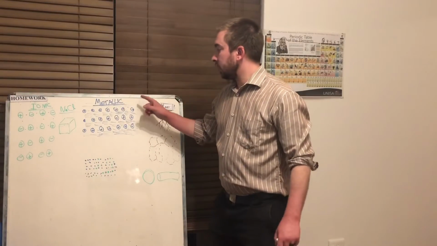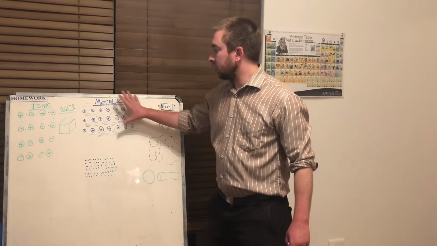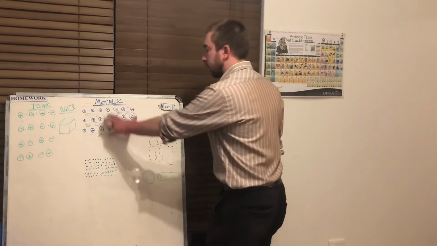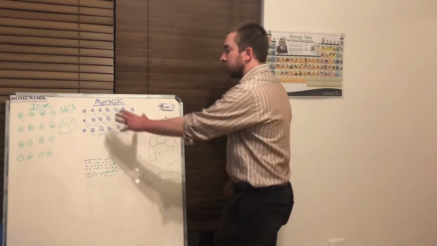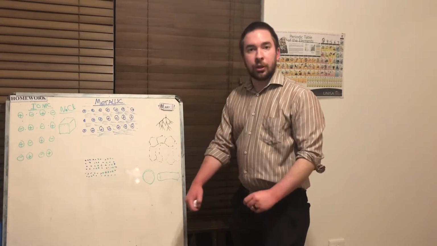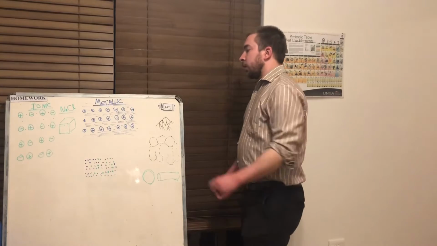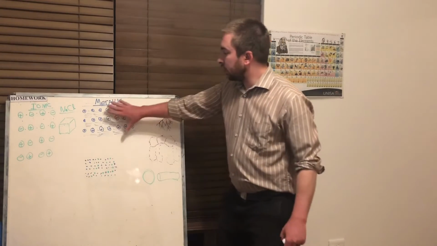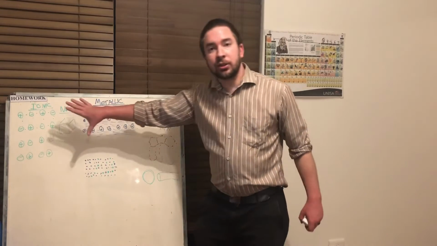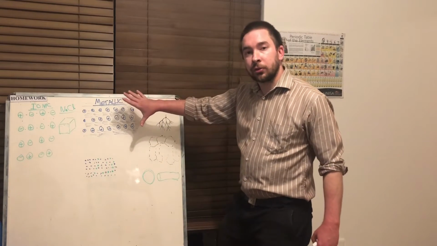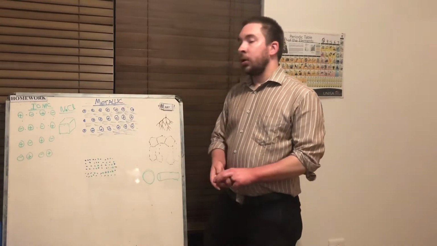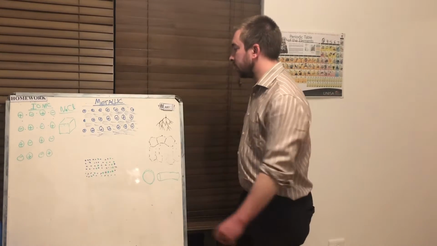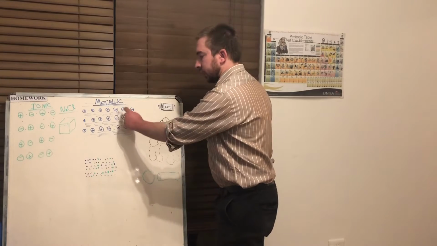The metallic bonds consist of positive ions all arranged in a perfectly regular, rigid structure, a metallic lattice really, and in between them is what is called a sea of delocalized electrons. So your outer electrons, not all of them, but your outer shells, the electrons tend to come loose.